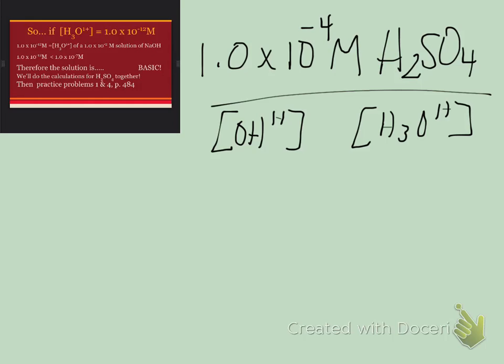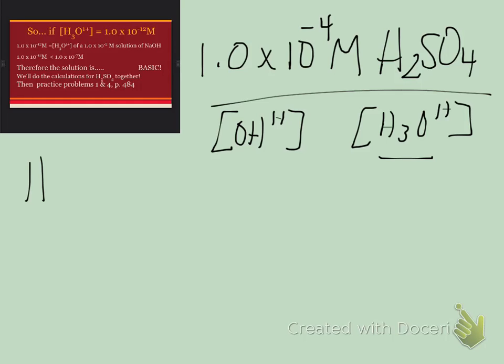Now, first thing to know, is H2SO4 a strong acid or not? Yeah, which means it is going to completely, 100%, do what in water? Ionize. It's a molecular compound, it's going to ionize, and what is it going to form when it ionizes? Hydroxide or hydronium? Hydronium.